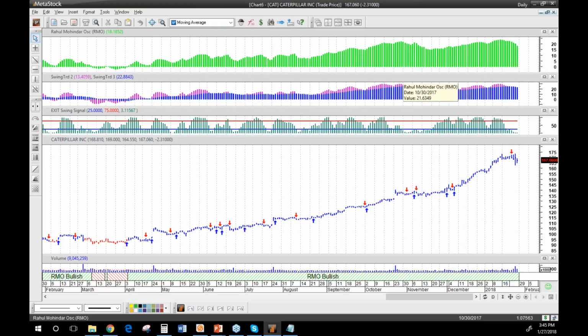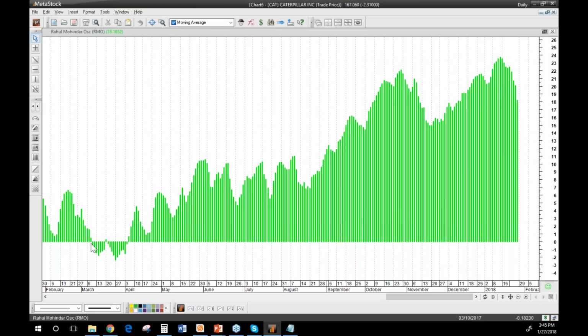So what we're going to do first as step number 1 is look at this indicator right here. I'm going to make it full screen for a minute. This is what he calls the Rahul Mohindar oscillator, and this is your primary trend measurement tool for the long term. The way you read it is rather simple. If the reading is above 0, which right now it's sitting at about 18, then long term you're going to be bullish.